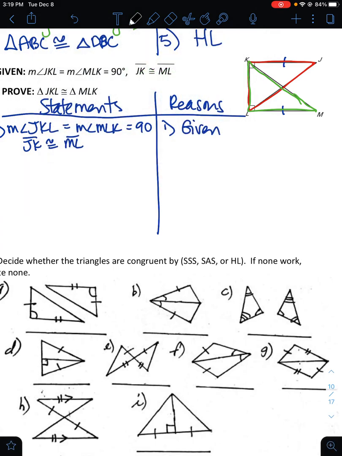So sometimes when triangles overlap, it's a little hard to tell what triangle is what. So what I like to do is resketch them as if I'm pulling them apart. So if I draw the top one here, JKL, and then this one here is KLM.